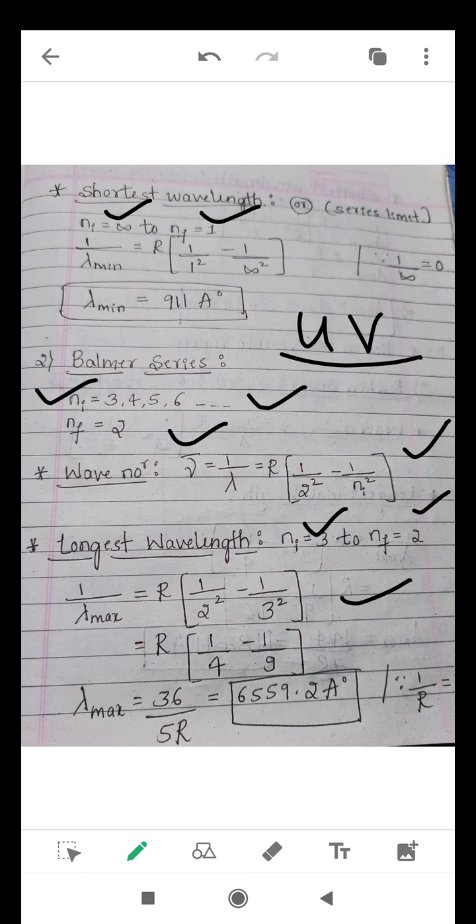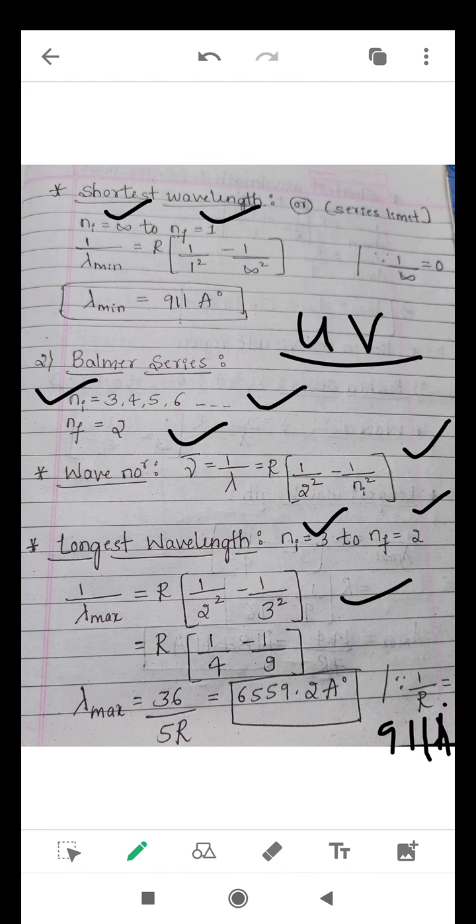After simplification we will get the lambda max for the Balmer series as 36 divided by 5r. The value of that is 6559.2 angstroms. The value of 1 by r, or the reciprocal of Rydberg constant, is 911 angstroms.